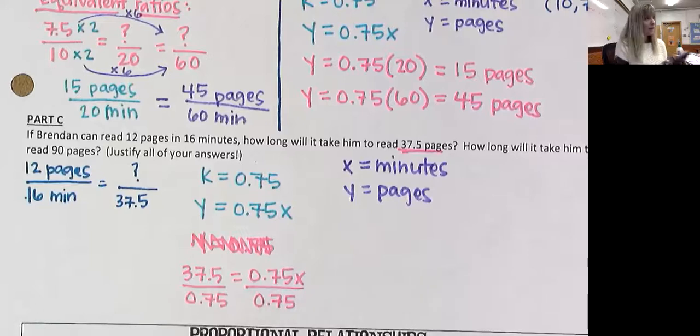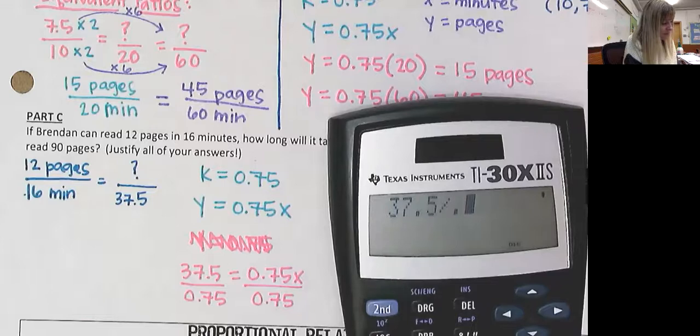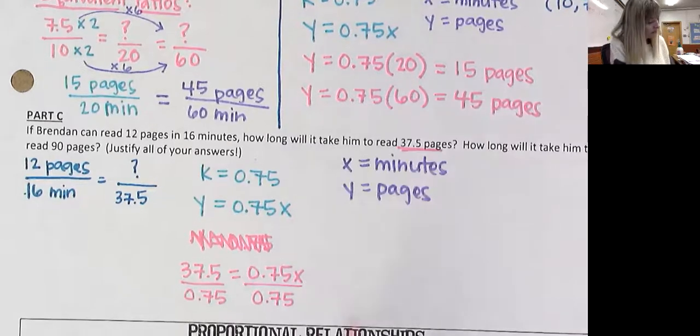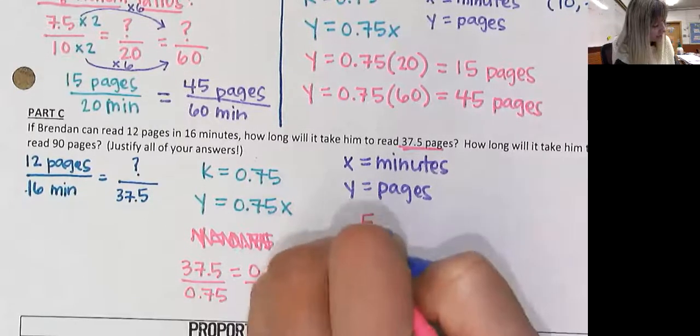Okay, so I'm gonna type this in here. I'm gonna do 37.5 divided by 0.75, 50. Now, what did I just find this time? I found x. So that first answer is 50 minutes.